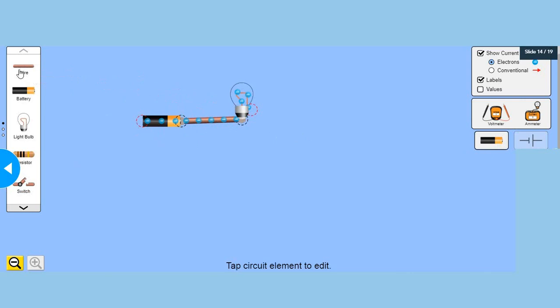Take another wire. I could have put a switch, but I'll just try to connect it to the other side of the bulb with a wire. And to illustrate Ohm's law very clearly, we will try to put a resistor here and change its value. For now we can see the level of illumination.